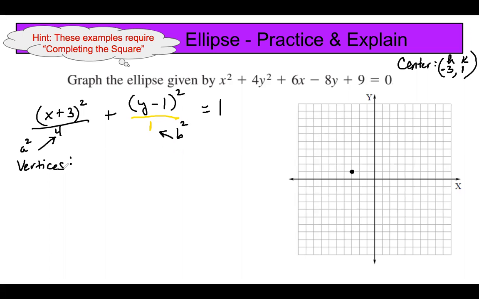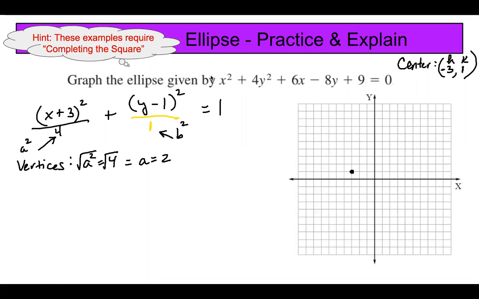Okay? So the vertices are related by a. So if a squared is equal to 4, I take the square root of both sides, and then a would be equal to 2. So since a squared was the bigger denominator, and in this example, it was attached to the x fraction, x is horizontal thinking. So from the center, let me go to purple here.